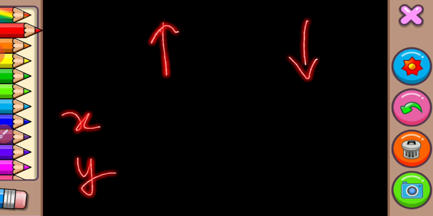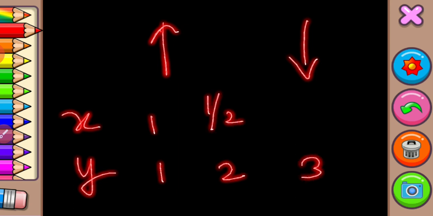If number of parts is 1, what is the area? 1 square unit. And if number of parts is 2, what is the area of each part? Half square units. And when number of parts is 3, what is the area of each part? 1 by 3 square units.